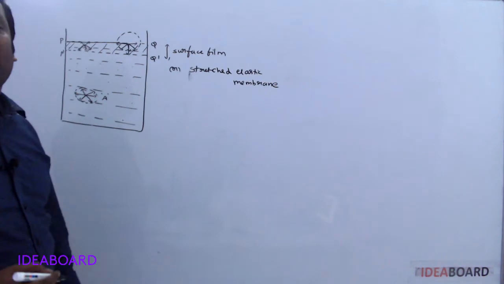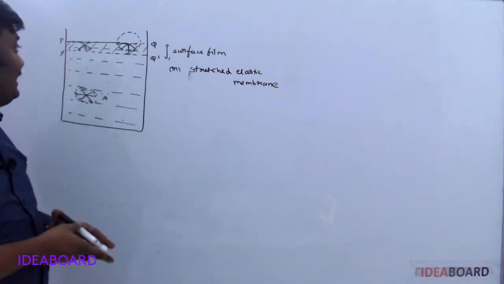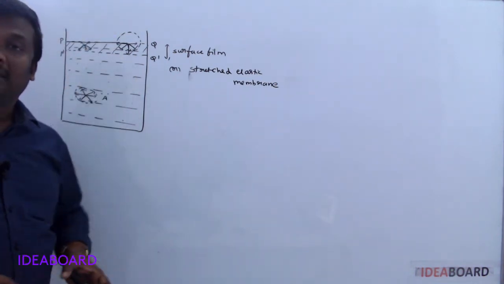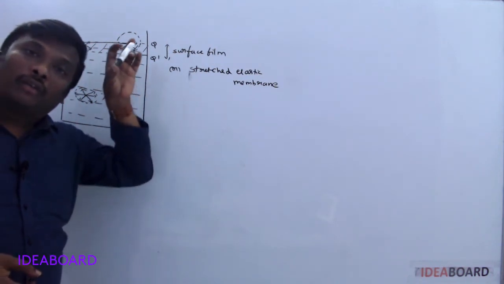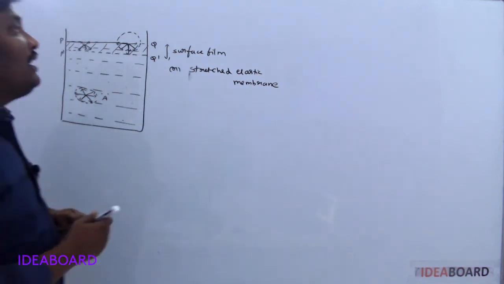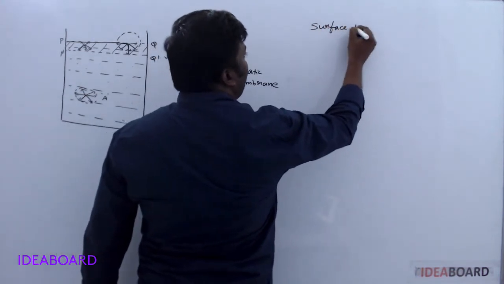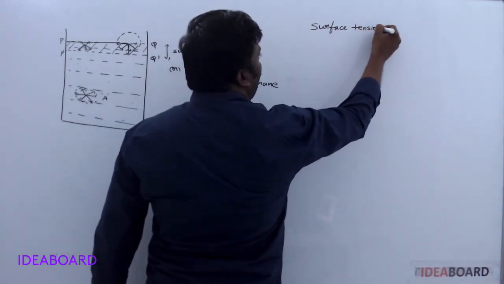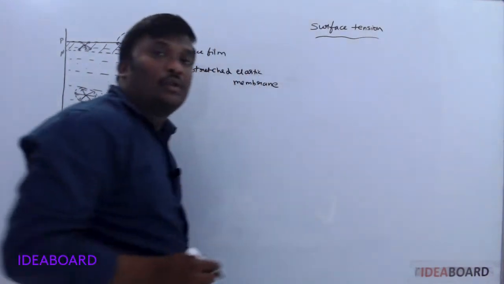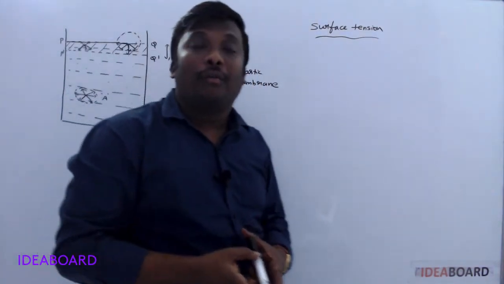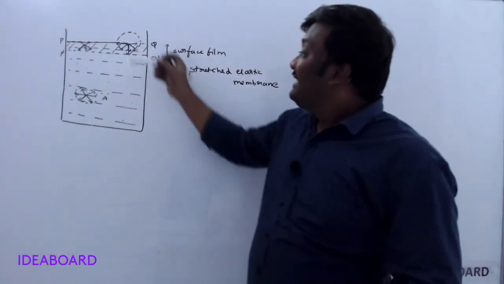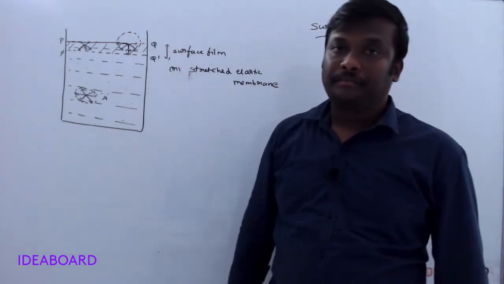On any surface of a liquid, there is some net downward force acting. That net downward force is due to the surface tension. The word surface tension applies only on the surface of the liquid.